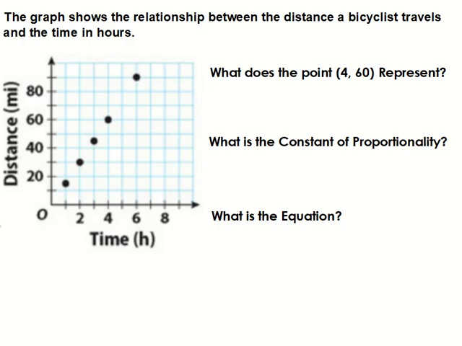So the graph shows the relationship between the distance a bicyclist travels and the time in hours. Okay, so remember this is x, this is y. So it says, what does the point 4, 60 represent? So since this is time, right, there's x and y.